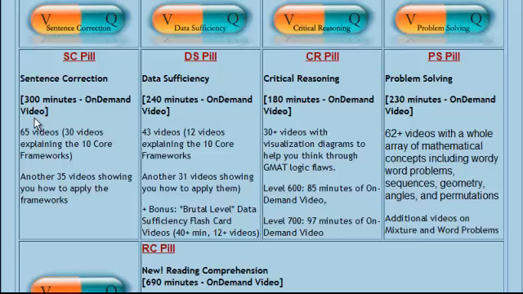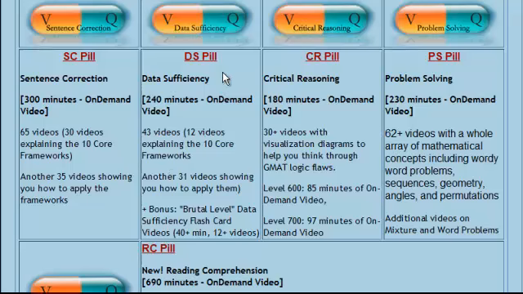Within that, there are 65 individual videos, which range in length from 5 minutes to 15 or 20 minutes each. There are videos that explain the core concepts of sentence correction, and then another 35 videos, each of which is Zeke solving a sentence correction question.